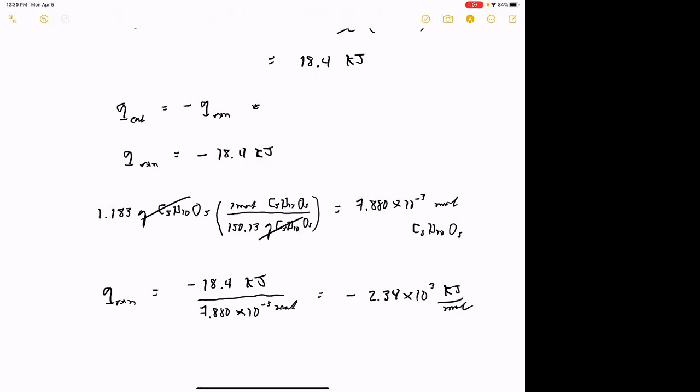All right. So what that gives me now is that nice piece of information about xylose. I've got its heat or enthalpy of reaction in terms of kilojoules per mole.